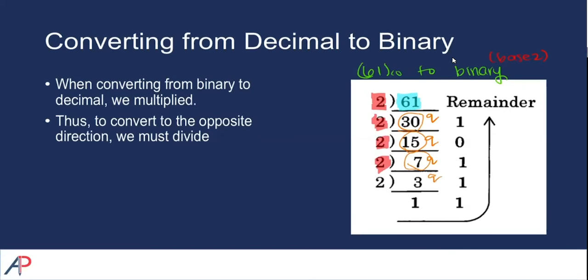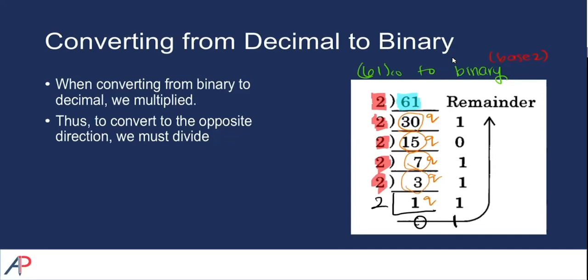We divide it again by 2, and the quotient is 1 with the remainder of 1. And we divide it one more time by 2 so that our quotient is 0 with the remainder of 1.